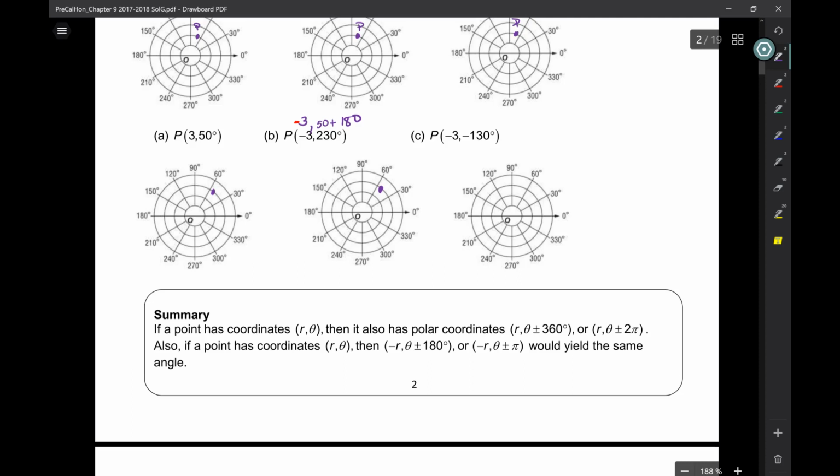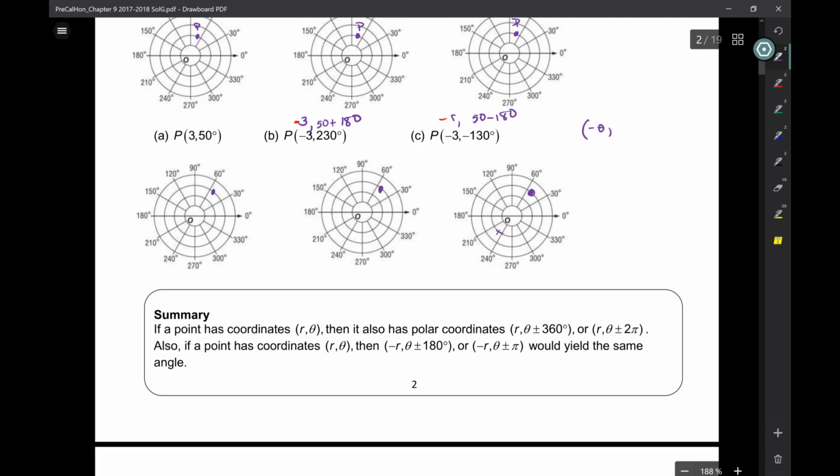So negative 130 is right about here. But it's negative 3, so I go back, oh my gosh, to the same exact point. Right? Well, what happened here? Again, it's negative R. And what happened to 50? Minus 180. Right? So what does that tell you?